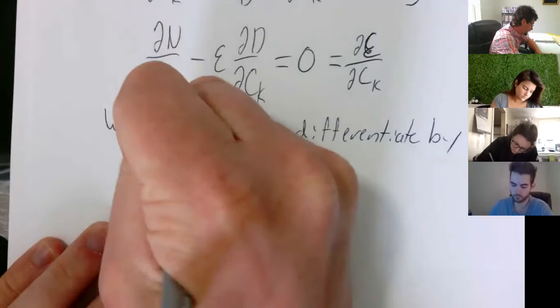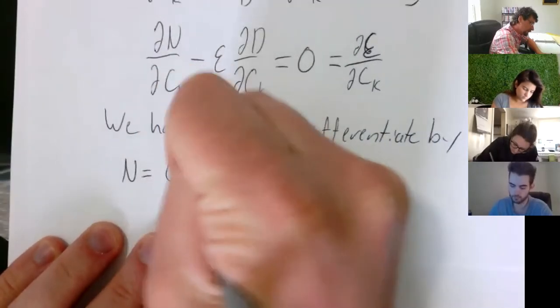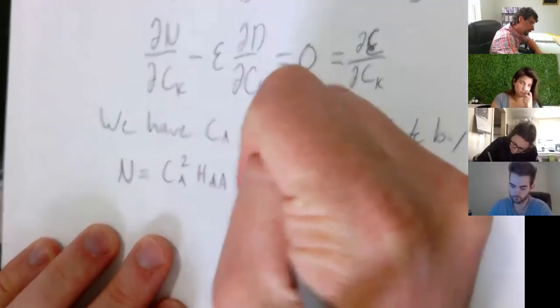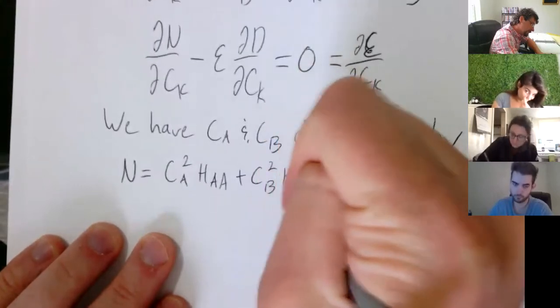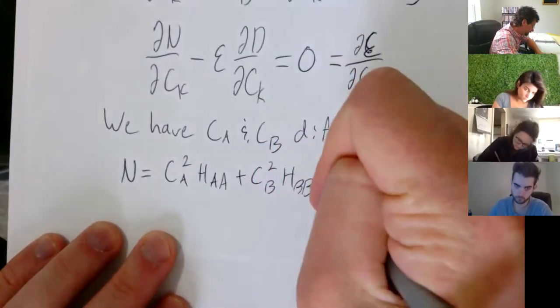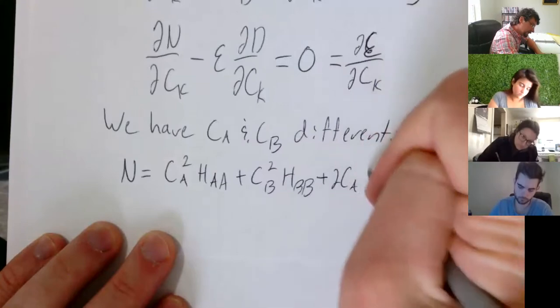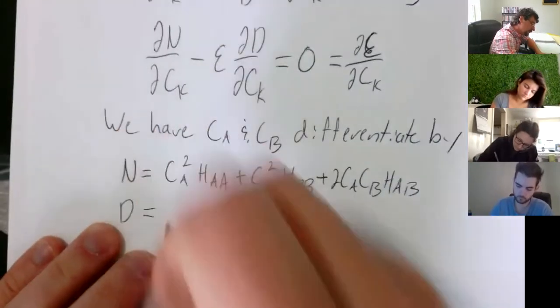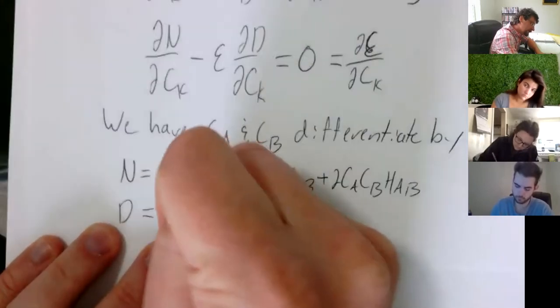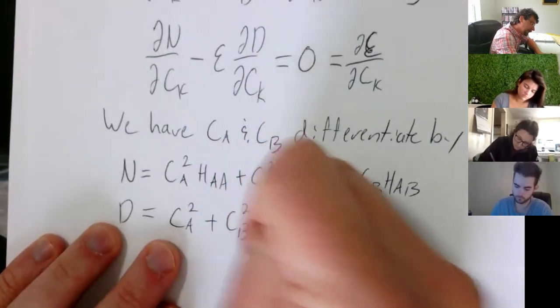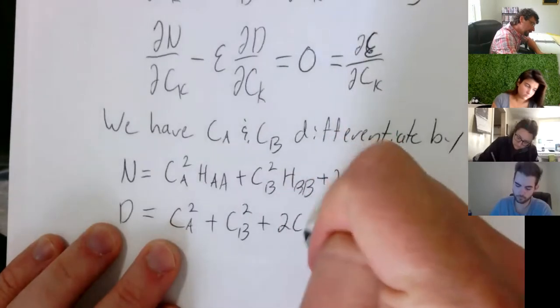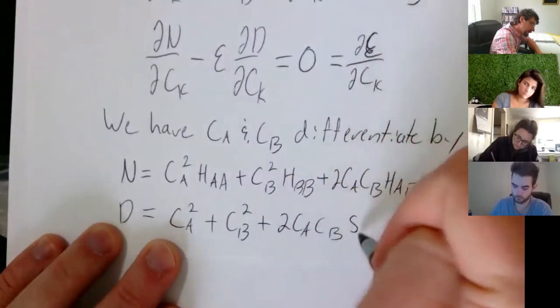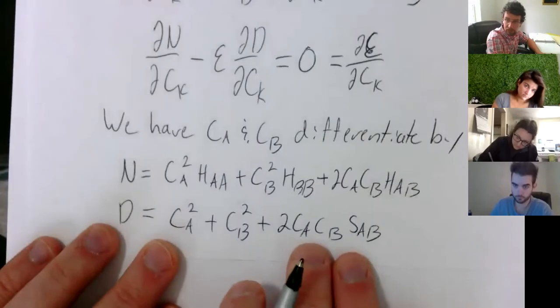N, we said, was just that top part: CA squared HAA plus CB squared HBB plus 2CA CB HAB, and D was equal to CA squared plus CB squared plus 2CA CB SAB.